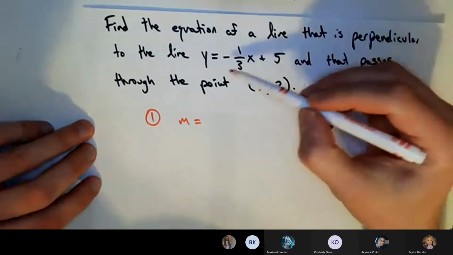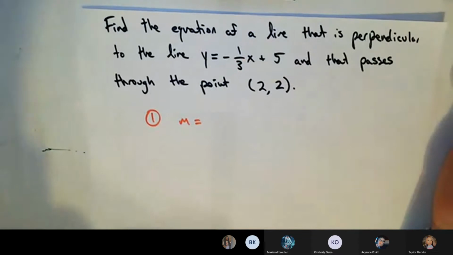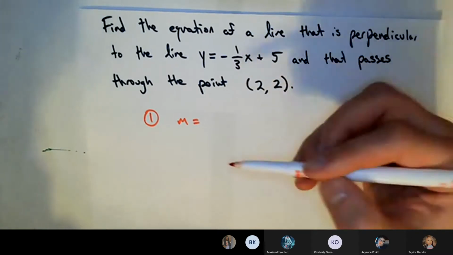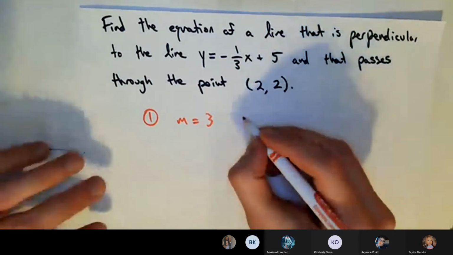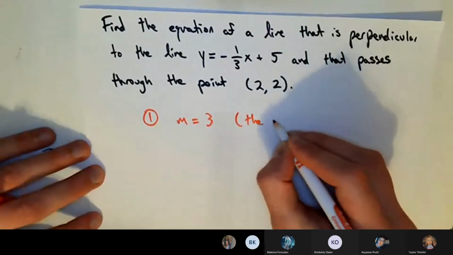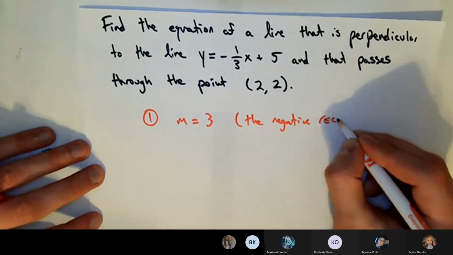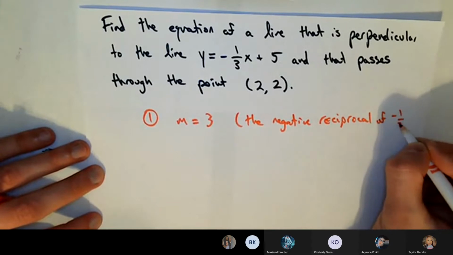So the line they gave has a slope of negative 1/3. So what is the slope of our line? Anyone have an idea? Negative reciprocal of negative 1/3 would be positive 3. That's it. No need for formula here. And how did I get that 3? It's the negative reciprocal of negative 1/3.